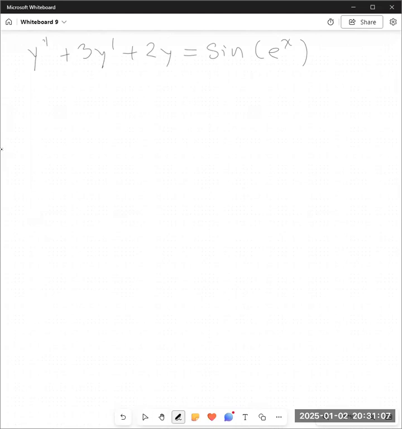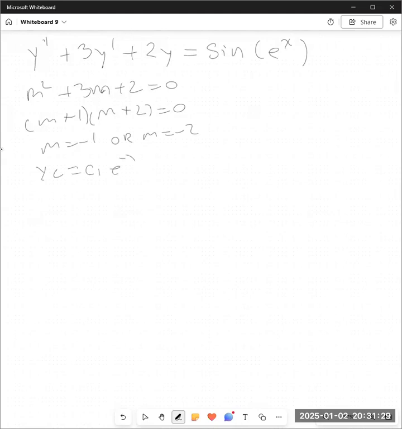So auxiliary equation, m squared plus 3m plus 2 equals 0, m plus 1, m plus 2 equals 0, m equals negative 1, or m equals negative 2. So yc equals c1 e to the negative x plus c2 e to the negative 2x.